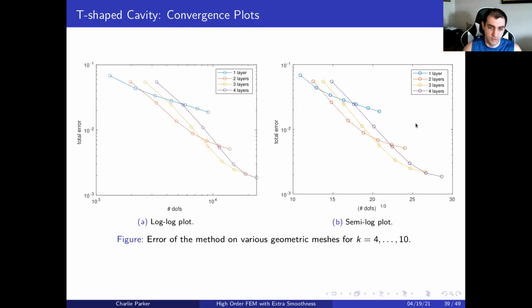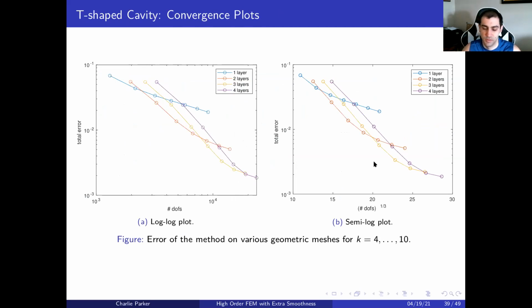So if we look at the error plots, the left is a log-log plot. So you expect the envelope of these curves to curve downwards. And each of these lines corresponds to the same layers of elements, but increasing the polynomial degree. So like the blue line, we start with degree 4 and increase, and then we refine the mesh to get the orange line and also increase the order of elements.